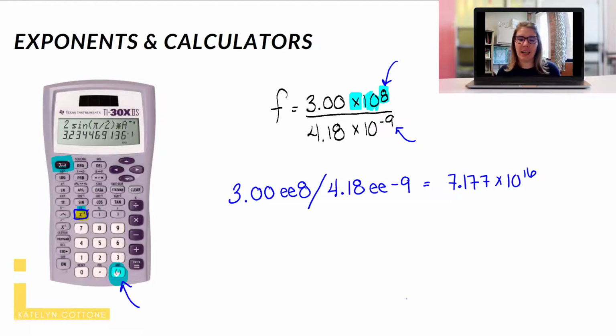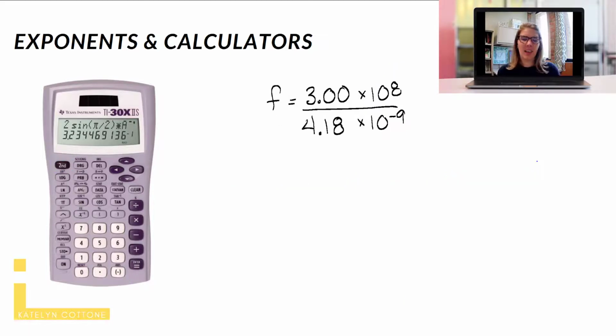So we've put this in our calculator. This is one way. Let's look at another way. The way that students feel more comfortable putting things in their calculator is by actually typing in, instead of the EE for the times 10, their natural tendency is to type in 3.00 and then they hit the X for the times button.